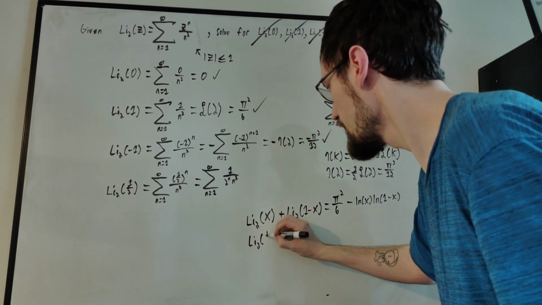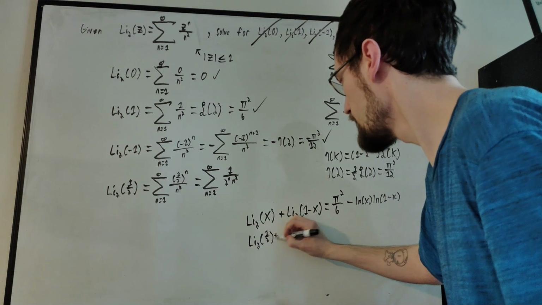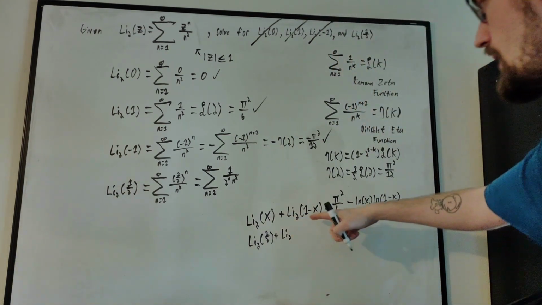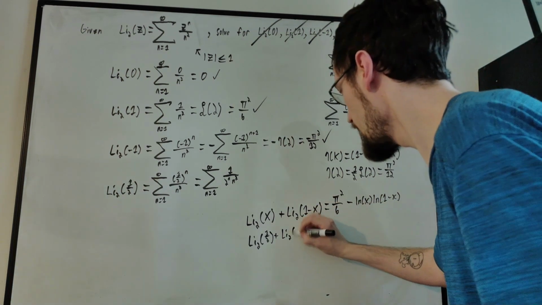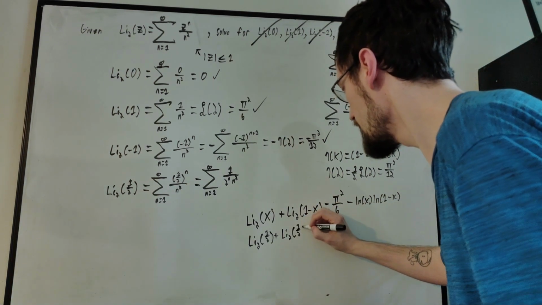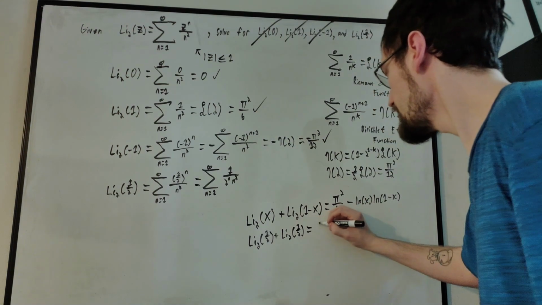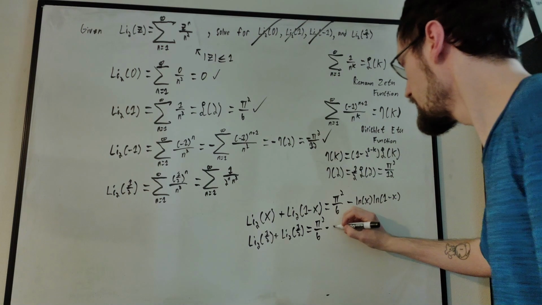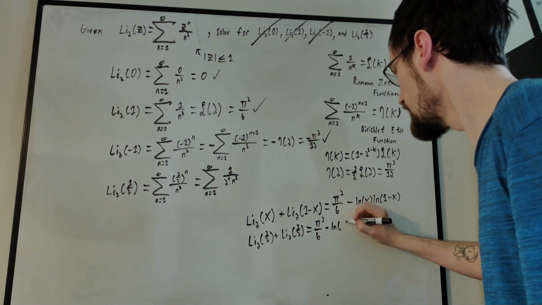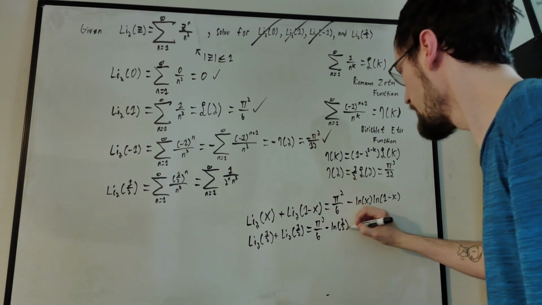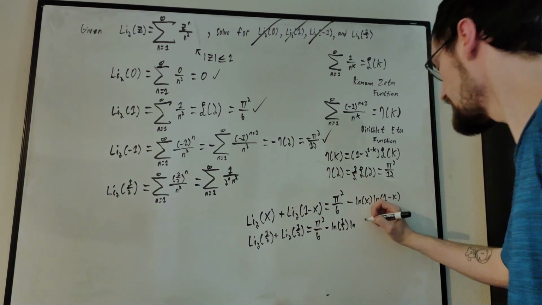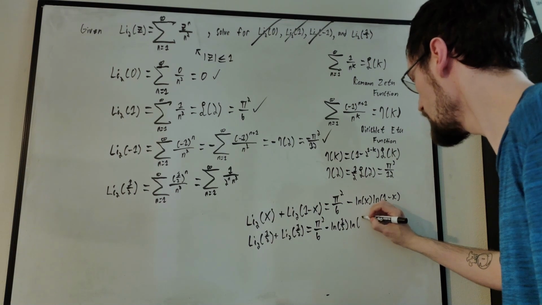So the dilogarithm of 1/2 plus the dilogarithm of, well, 1 minus a half is just 1/2, so we have another 1/2 here. And this equals pi squared over 6 minus the natural log of 1/2 times the natural log of 1 minus a half, which is a half, so we have another natural log of 1/2 here.